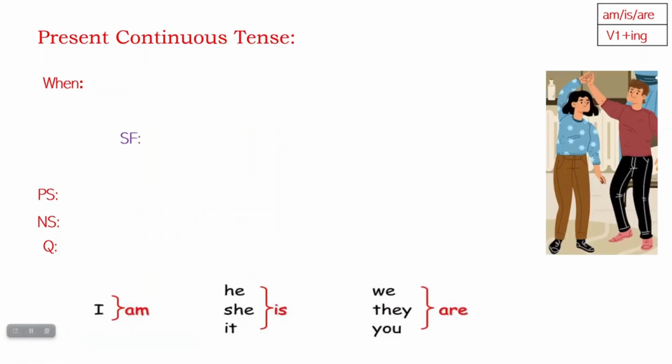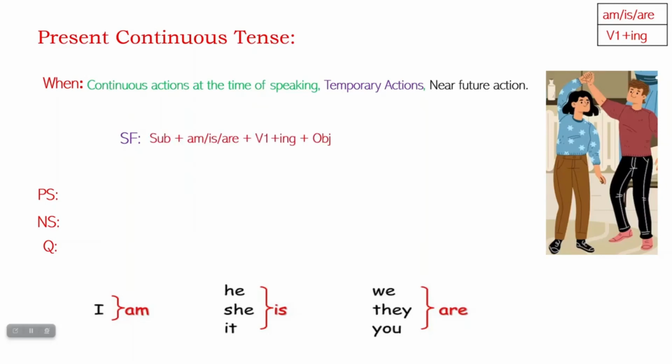Next, present continuous tense. We can use this tense in three cases. First one, when talking about continuous actions at the time of speaking, and for temporary actions, and for near future actions. Sentence formation, subject plus am, is or are plus verb in ing form plus object.